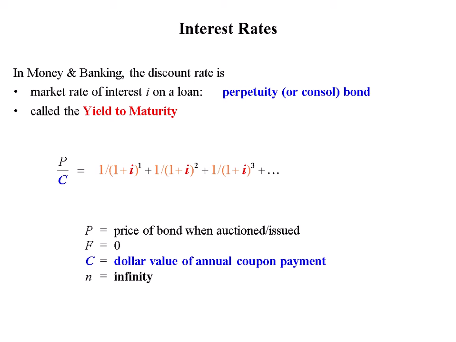So then I have this in a different color because I'm going to define this as X. So X is just 1 over (1 plus I). And because I is positive, 1 plus I is bigger than 1. So this value X here is between 0 and 1 for the most part. It's just between 0 and 1.